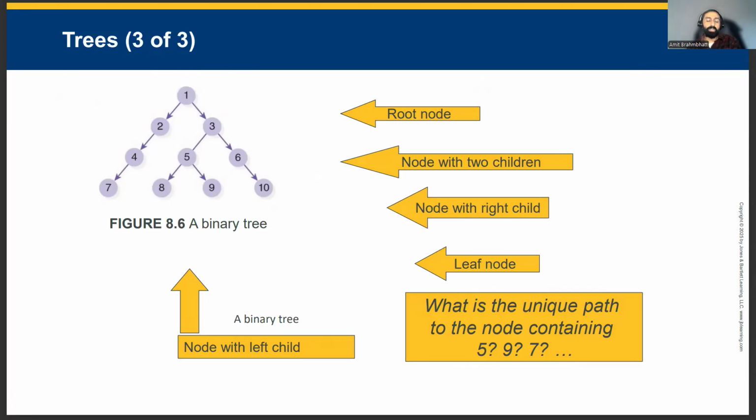These paths are crucial when performing operations like search, insert, or delete. Understanding how nodes connect lays the groundwork for mastering more specialized trees. I suggest that you pause your video and let the idea in this slide sink in.